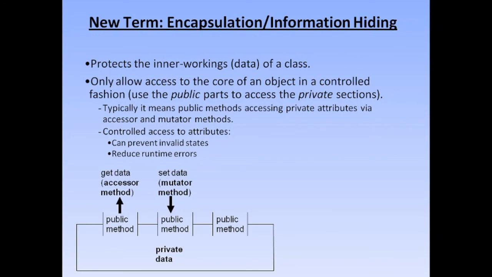Another benefit is that it protects the inner workings. It only allows access to the core of an object in a controlled fashion. Use the public parts to access the private sections. And typically it means public methods accessing private attributes via accessor and mutator methods.